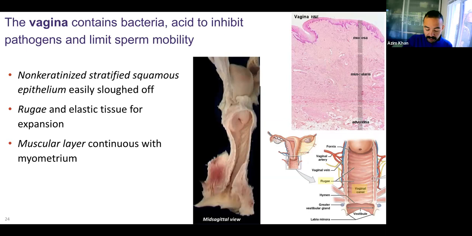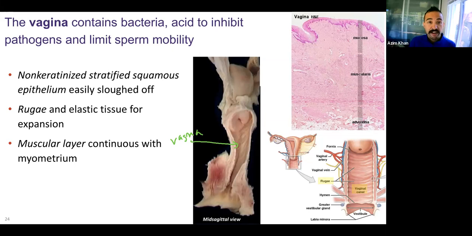We've gone from the ovaries to the uterine tube, to the uterus, cervix, and now we're getting to the vagina. The vagina is adapted to protect. It's an orifice.